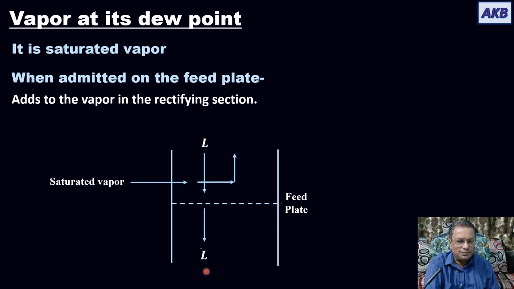Okay, so this is L bar, as you know. Whereas the vapor coming from the stripping section will be coming to the feed plate and then leaving the feed plate, and then it will be getting added to the saturated vapor, which is the feed in this case. And the addition of these two will be the vapor flow in the rectifying section.